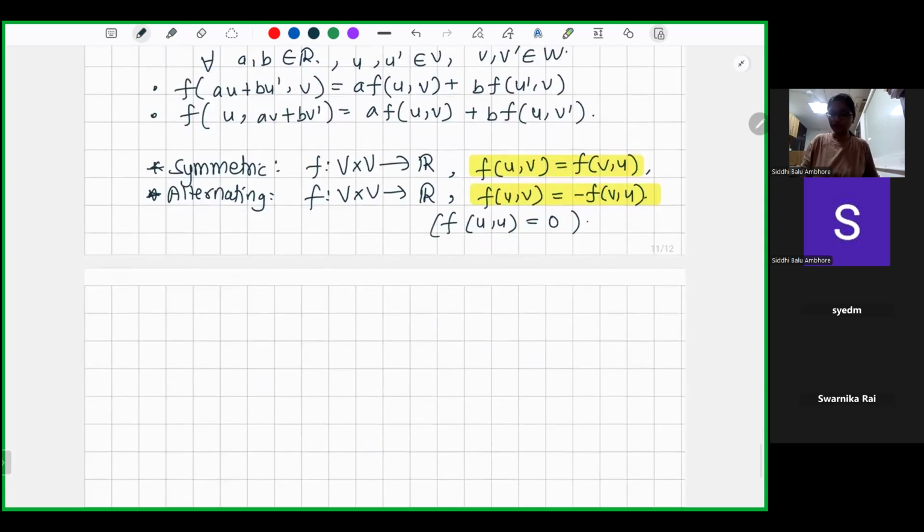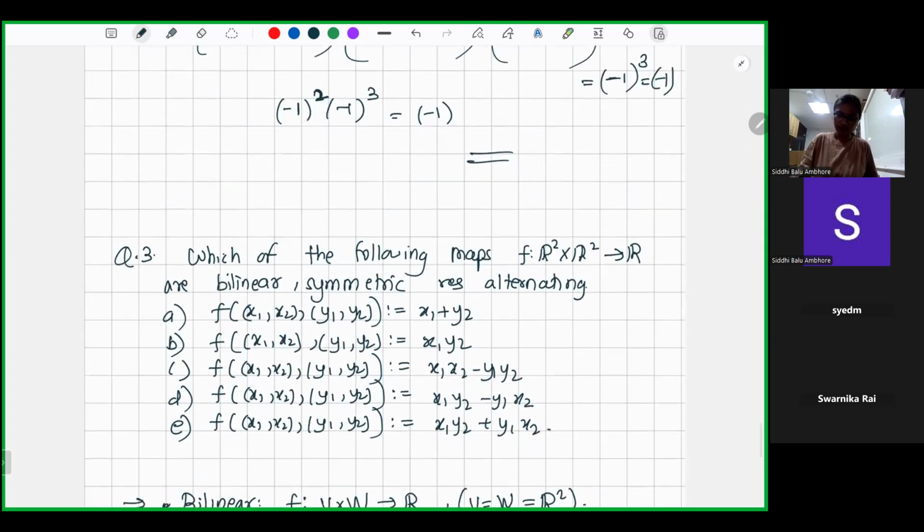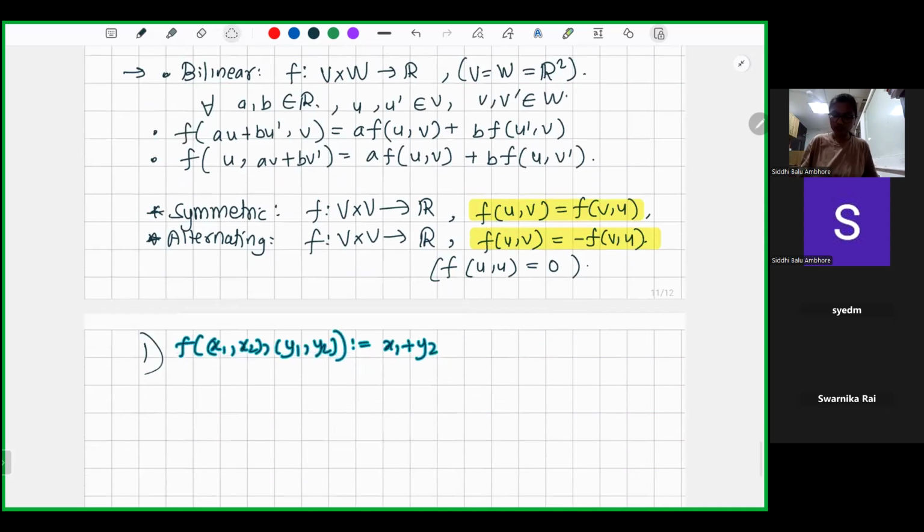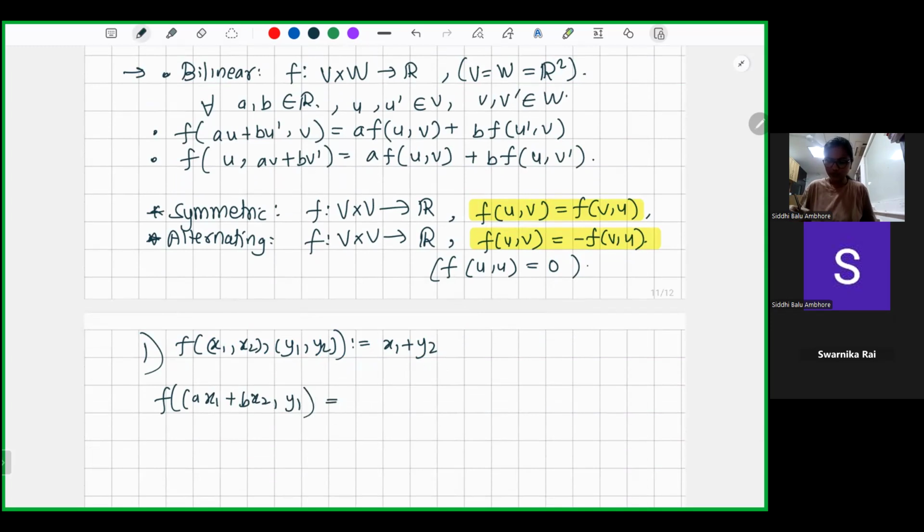So first property, bilinear. We have to check these two properties, that f of (ax1 plus bx2, y1). I have to check whether it satisfies.